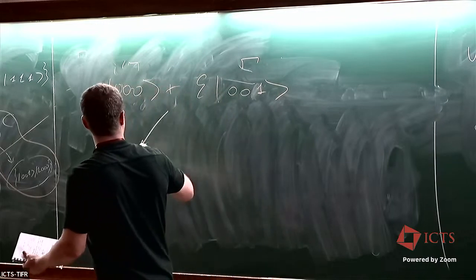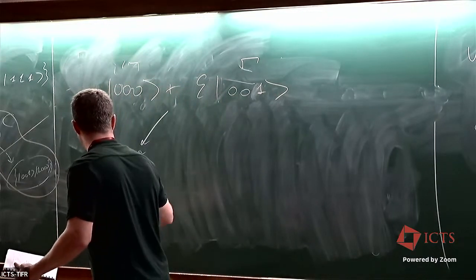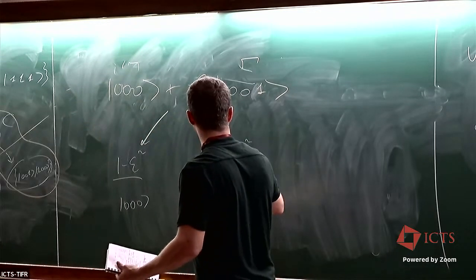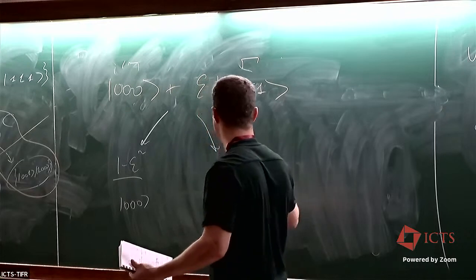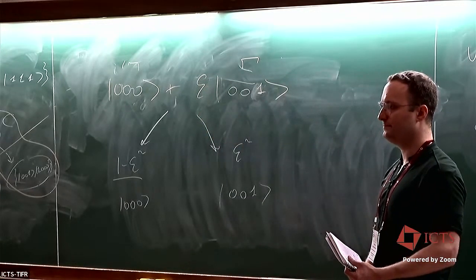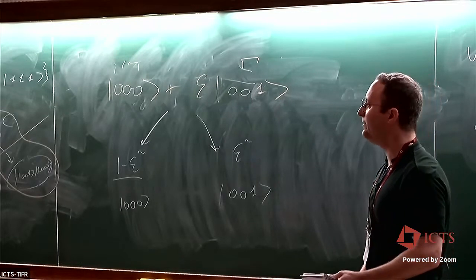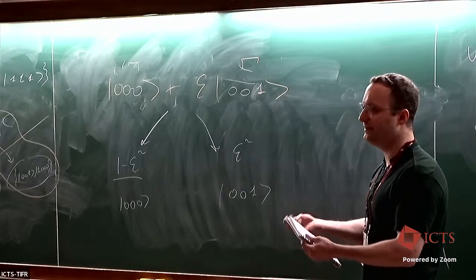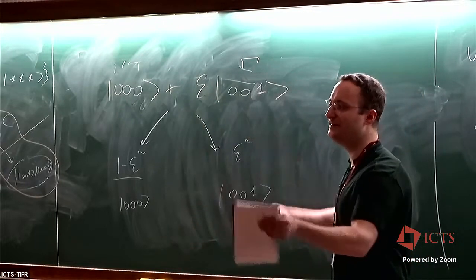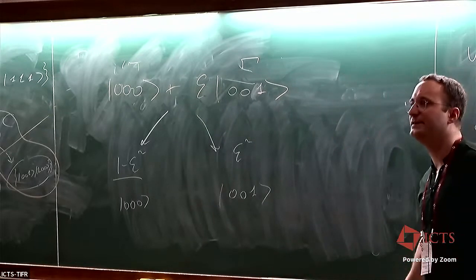With a 1 minus epsilon squared probability, I go to 0, 0, 0. And with an epsilon squared probability, I will go to 0, 0, 1. Yes, the probability of seeing an error will be related to the coefficient in this unitary operation. More questions from the audience?